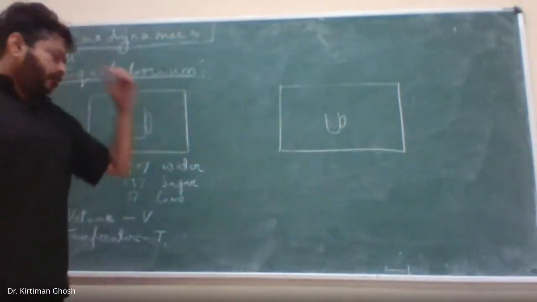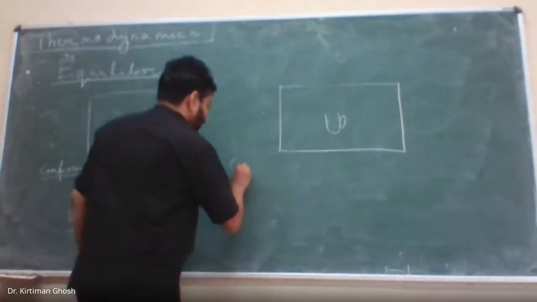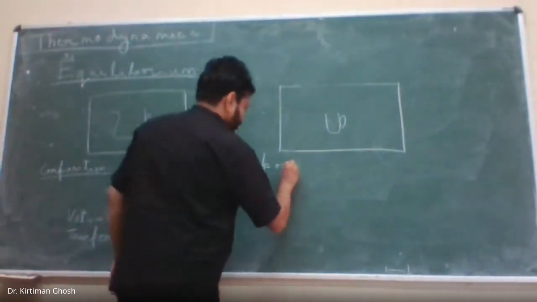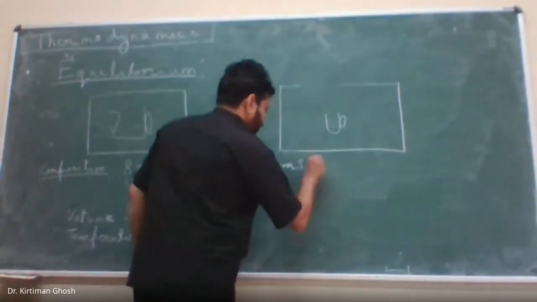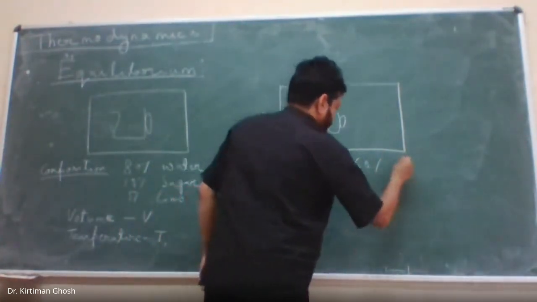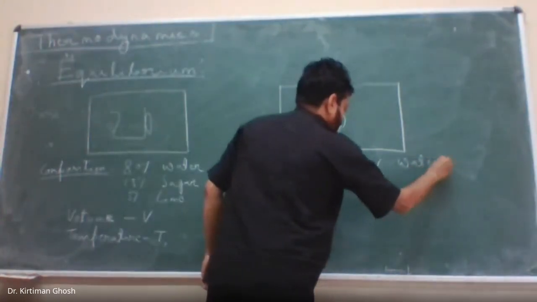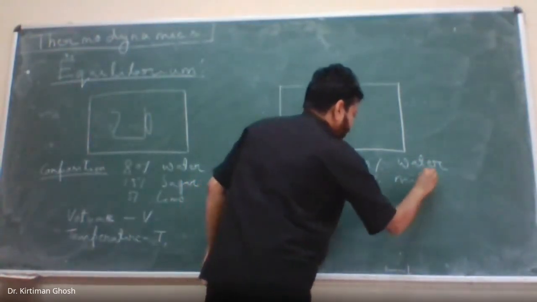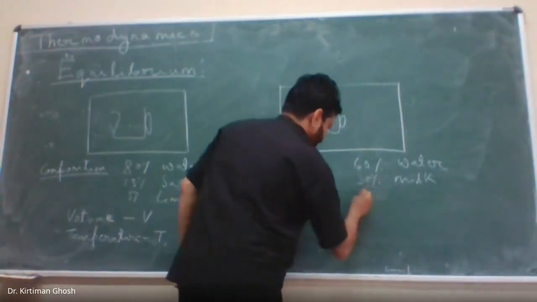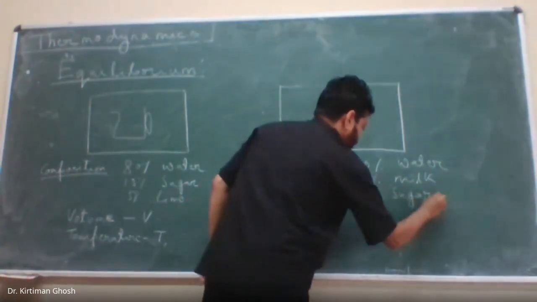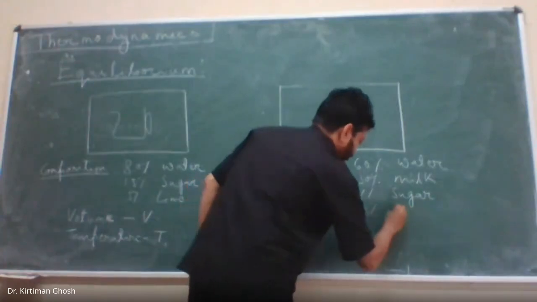Okay. So this system is a bucket full and a cup of coffee. For this system, I can establish a similar kind of composition. Let us assume that these are 60% water, 30% milk, 7% sugar and 3% coffee.